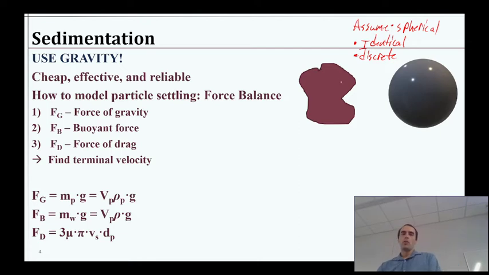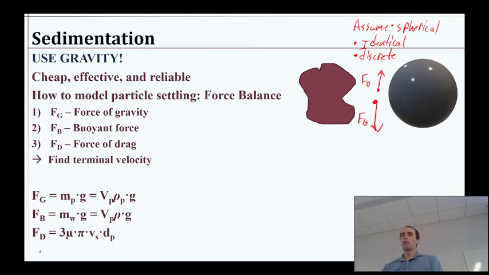Okay, so to think about it then, maybe this particle on the left is reality, and we assume it's then the one on the right. And the force balance we're going to have is going to be gravity, obviously, pulling down. So force, gravity. That'll be opposed by a buoyant force. So if you try to dunk a beach ball in a bathtub or swimming pool, you'll have an effect where it's pushing back, right?